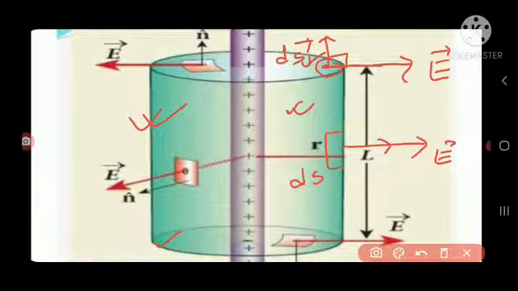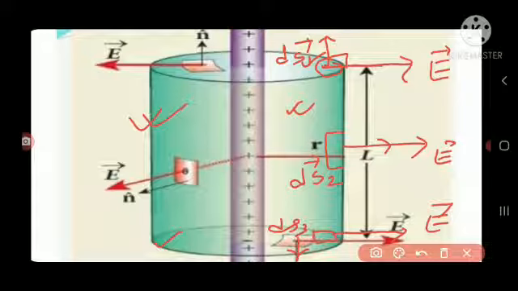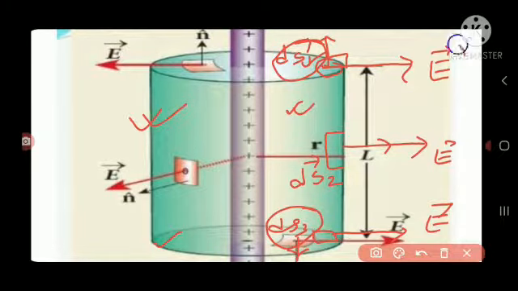Let us consider this area is ds2, so ds2 and E are acting in the same direction. And the lower surface area, let us consider it is ds3, acting perpendicular to the electric field. So ds1 and ds3 are acting perpendicular to the direction of the electric field.